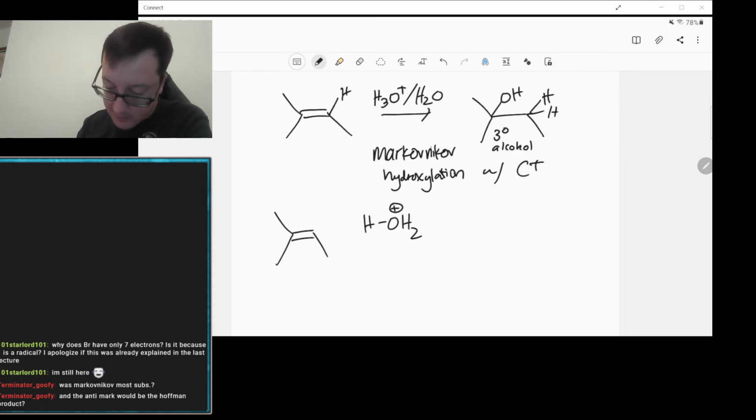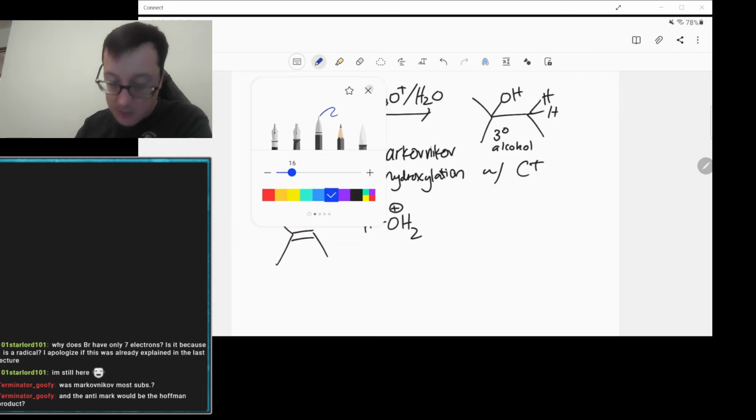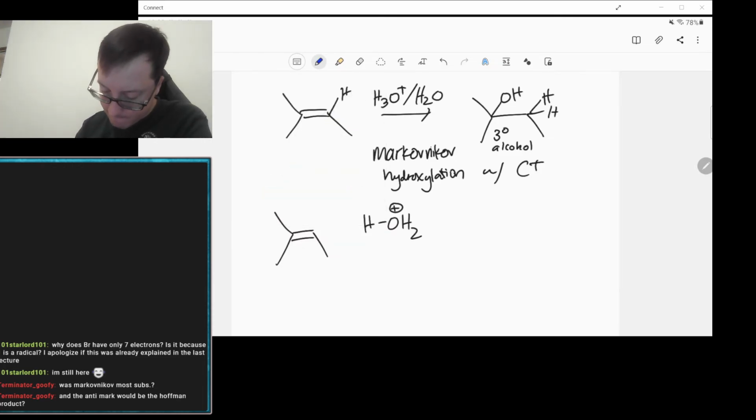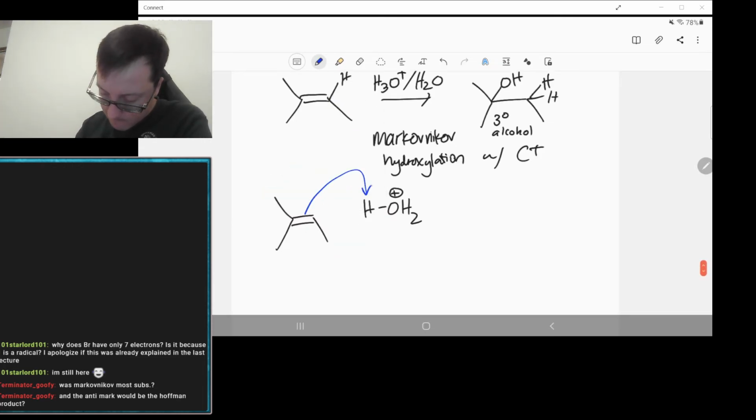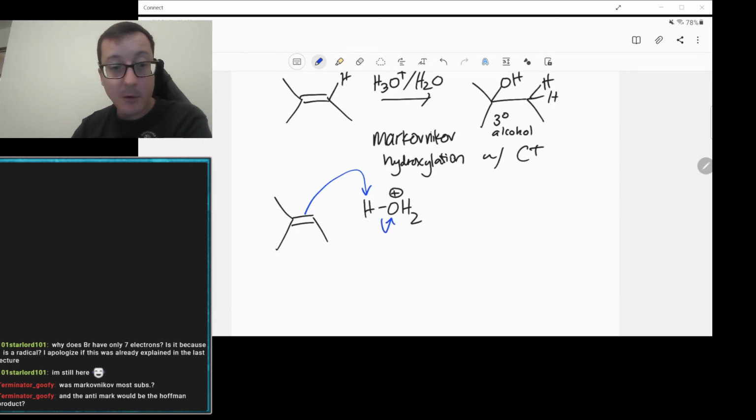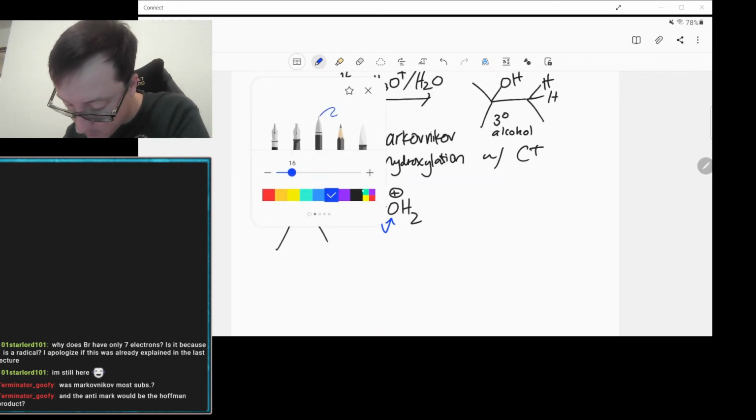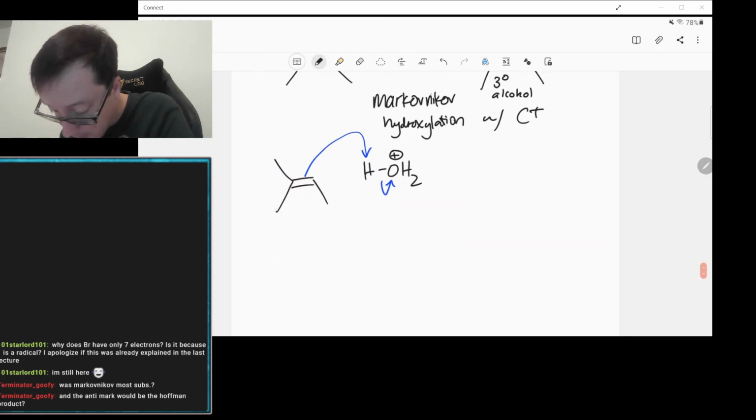We have our acidic species, good electrophile. Remember, we are doing this Markovnikov style, so our hydrogen-rich side gets the hydrogen. Whichever side has more hydrogens gets another one.